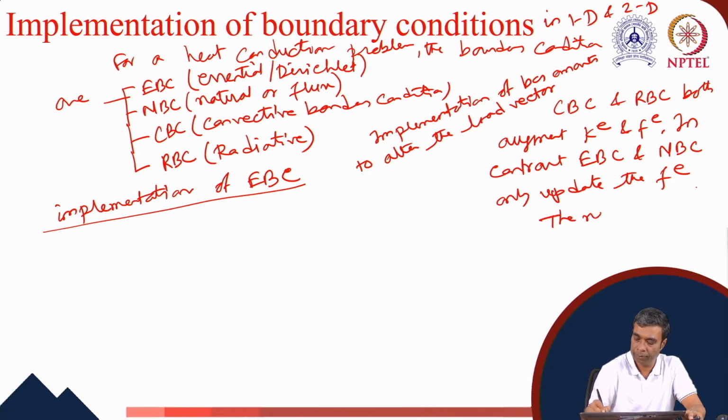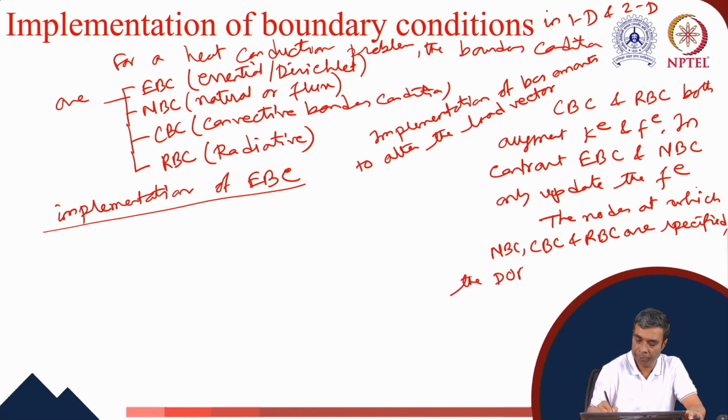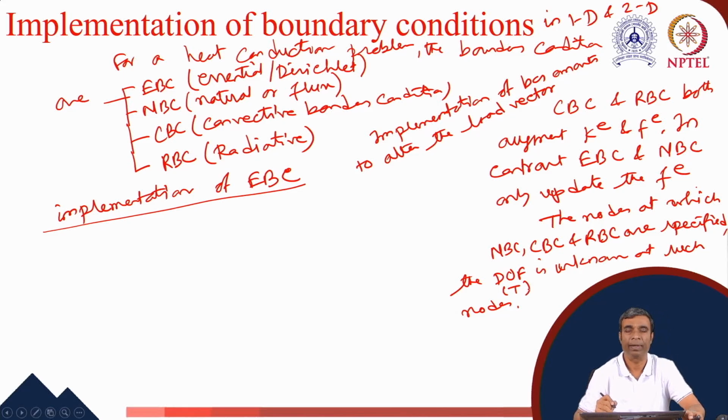The nodes at which EBC, NBC, CBC and RBC are specified, the DOF is unknown at such nodes. For heat transfer problem, the DOF is temperature capital T.